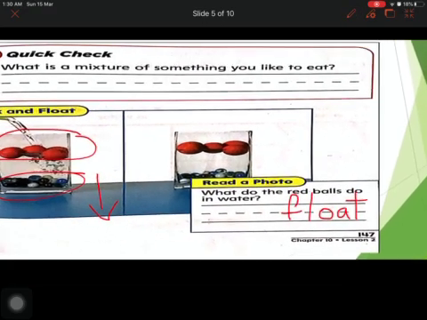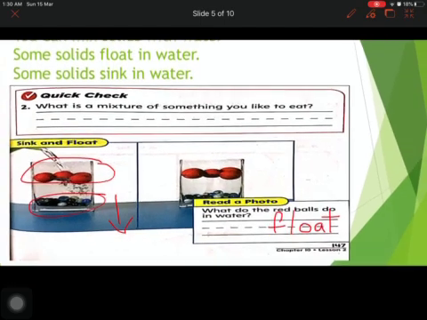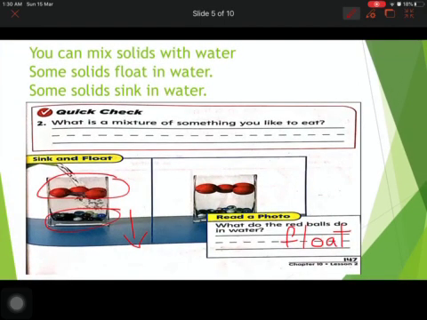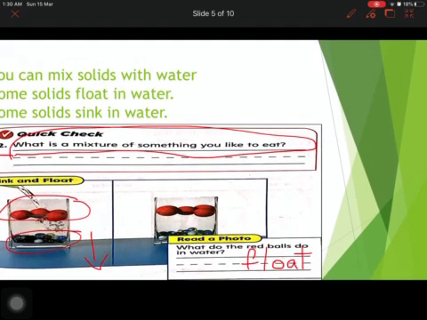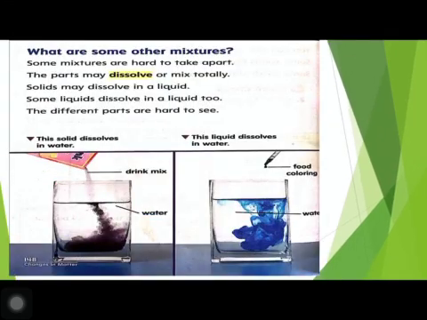Now I want you to do question number 2 on your own. What is a mixture of something you like to eat? Give me any example of something you like to eat, but it should be a mixture. All right, let's move to the other page.